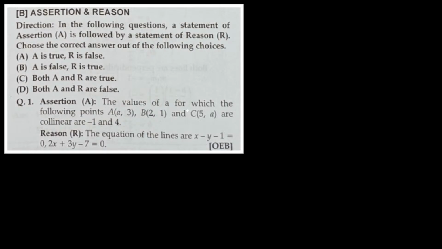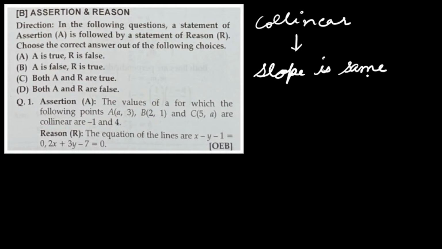The values of a for which the following points are collinear. See, for collinear points, you have to remember, when the points are collinear, that means their slope is the same. So what does it mean?